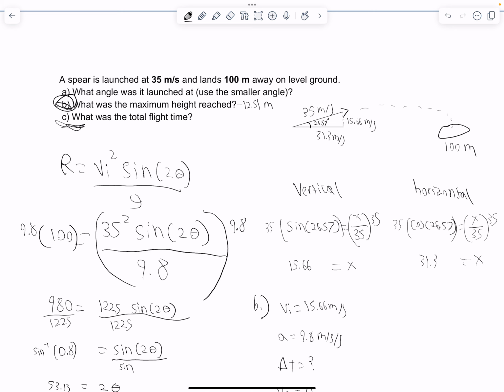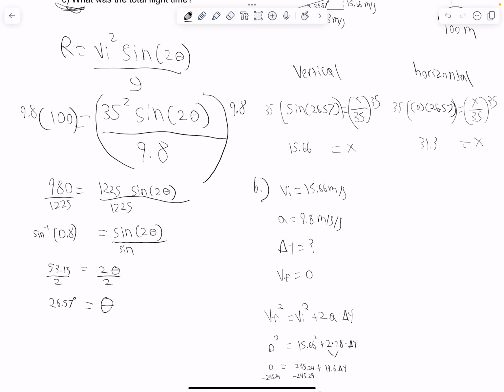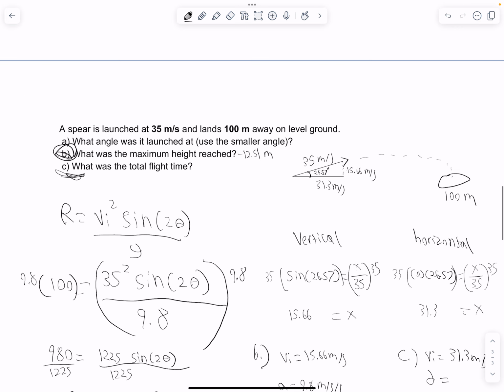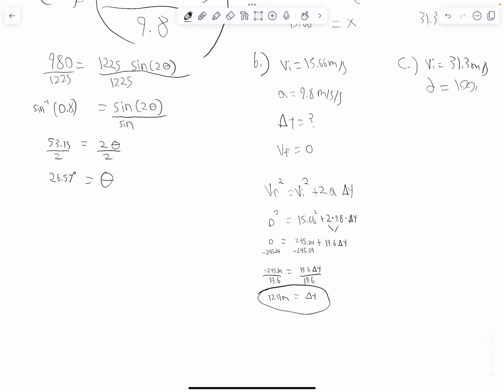Now C, what is the total flight time? So we are simply looking for t. In order to solve that, we know that our initial velocity on the horizontal component is 31.3 meters per second. We know our distance, how far the spear landed, which is given here, is 100. Now we are just trying to figure out how long it was in the air for, so I'm going to put t equals question mark.